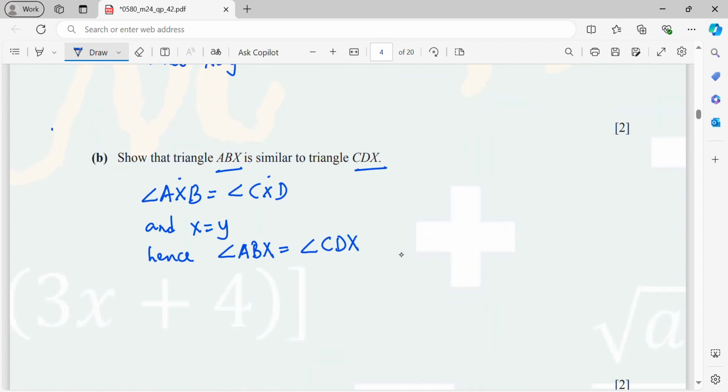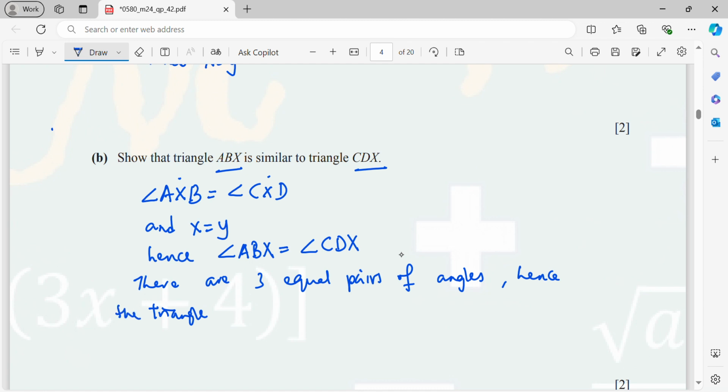So now you are getting 3 equal pairs of angles. Hence, both triangles are similar. Okay, so shown.